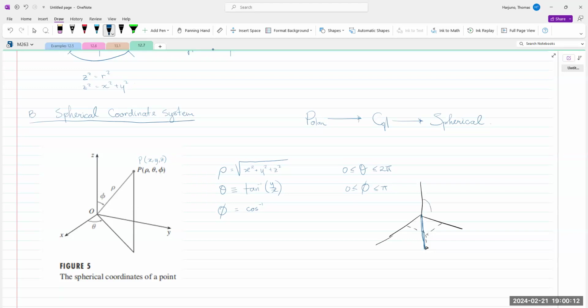The angle will be from positive z axis, go down there, pass through the xy plane. Maybe if I draw it from a bit to the side. Go below. Now notice that the angle here is more than 90 degrees, right?